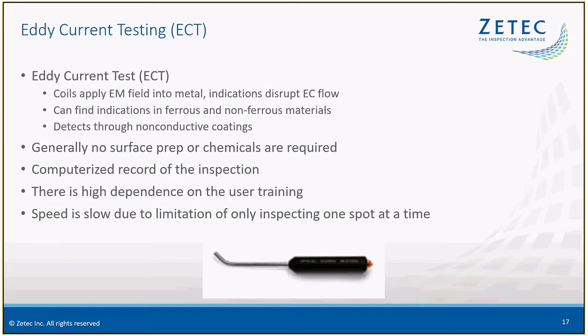So you need to make sure that the user's trained properly. And the speed for a single coil can be slow to cover an area, because you're essentially having to paint in or raster scan it. At the bottom there's an example of a single coil eddy current probe.